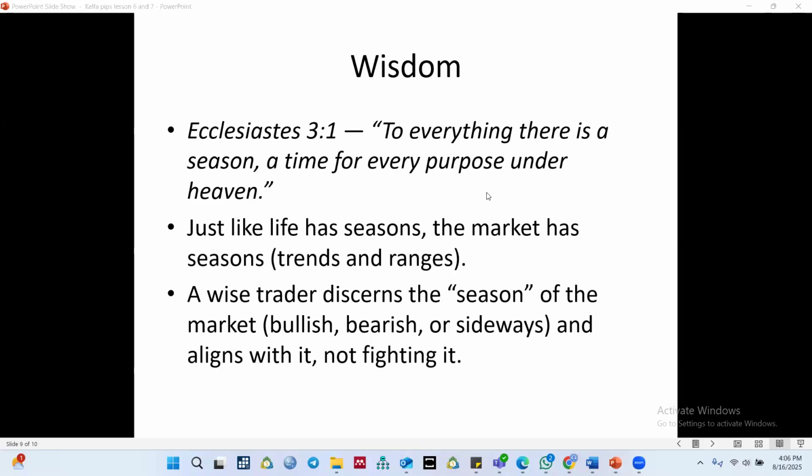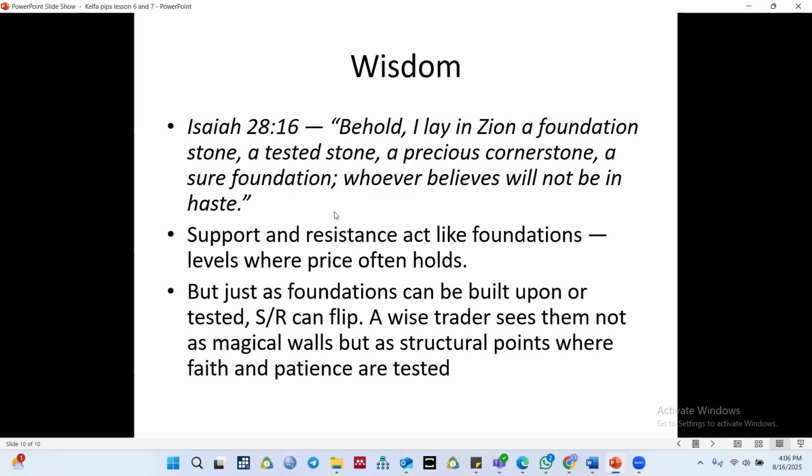Good. So if you also look at Isaiah 28:16, it says, Behold, I lay in Zion a foundation stone, a tested one. So support and resistance act like foundations, foundation levels where price often holds. But just as a foundation can be built upon or tested, support and resistance can flip, it can break, and it can be tested.